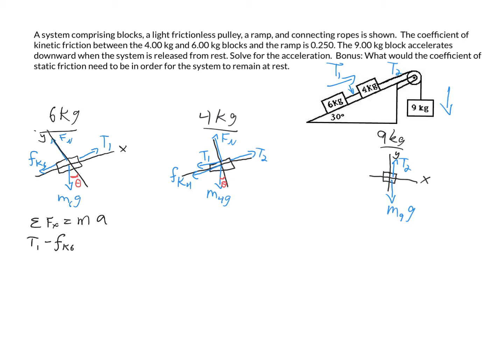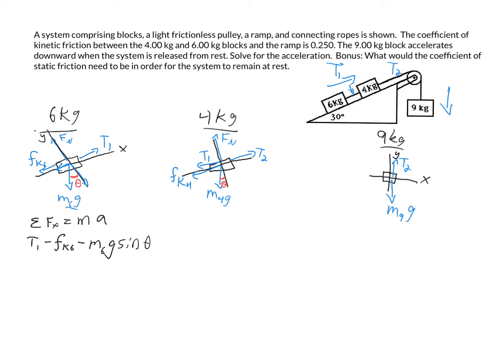And then also in the negative x direction, I have a component of my weight force. There's a component of the weight force going down the ramp, as is there a component of the weight force into the ramp. So I also have Wx, which we've seen now a couple times is equal to the weight times the sine of the angle of the ramp. So in this case it would be m6 times g times the sine of our angle theta.